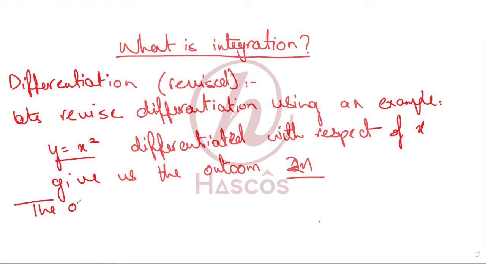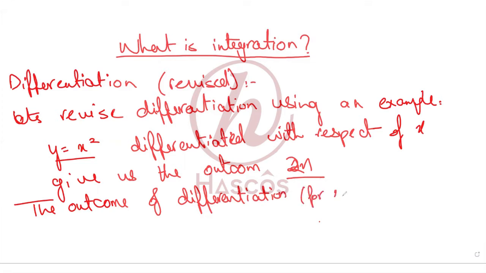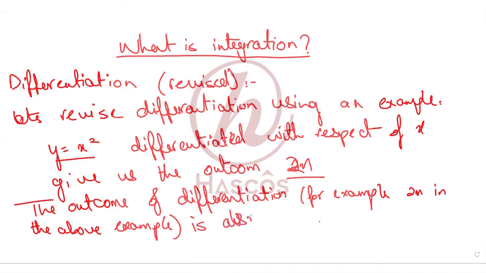Now the outcome of differentiation, for example 2x in the above example, is also called the derivative.